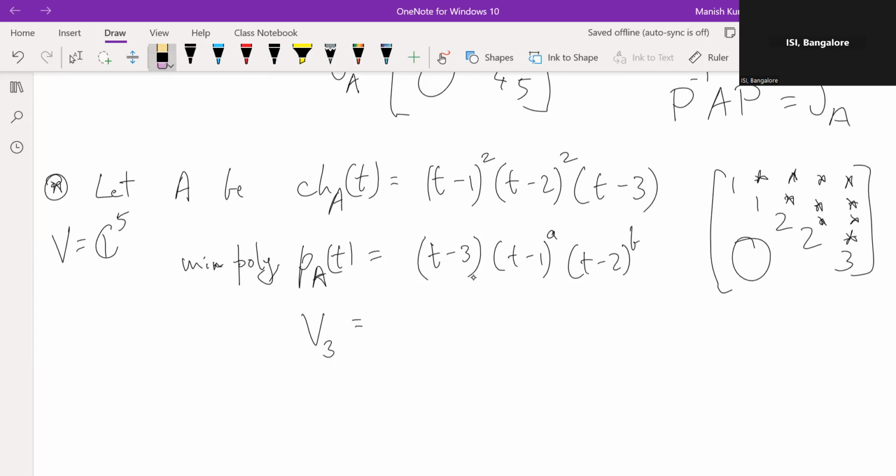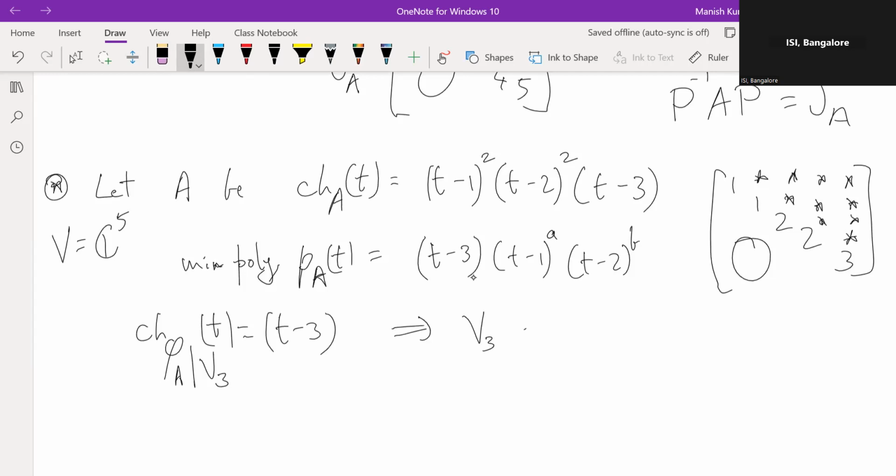So maybe this is how I can. Let's call the endomorphism which A defines phi_A on V. Then if I restrict it to V3, the characteristic polynomial has to be t minus 3. So that tells you that V3 has to be one-dimensional; the dimension of V3 is 1.